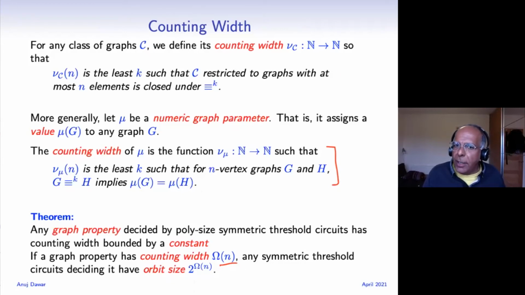In contrast, as I said, the existence of a perfect matching has constant counting width, but the number of perfect matchings, it turns out, has Omega(n) counting width. Okay. I'm going to give you some idea of how we prove this.